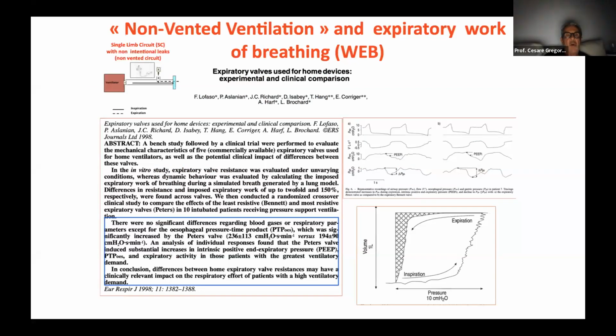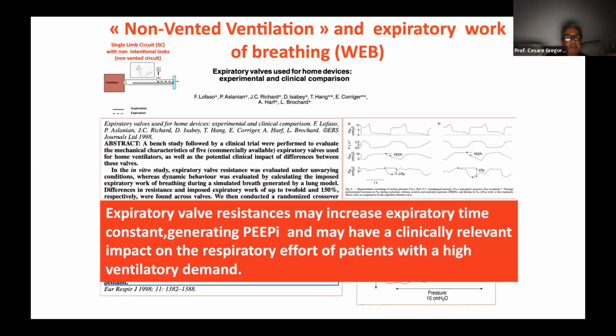This is a very old paper published in 1998 by Lofaso. They found that in a non-vented one-limb mushroom valve circuit, this expiratory mushroom valve increases the expiratory time constant, generating intrinsic PEEP, and has a clinically relevant impact on the respiratory effort of patients with a high ventilatory demand.